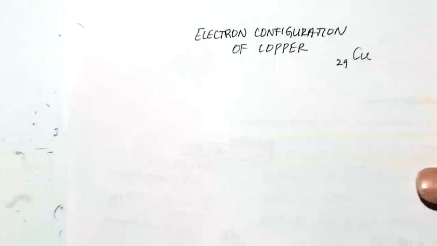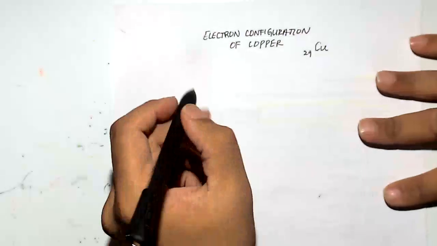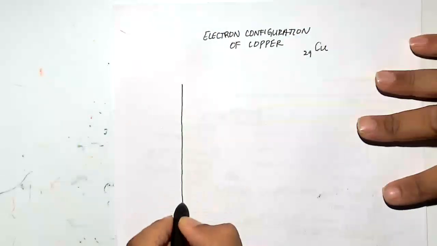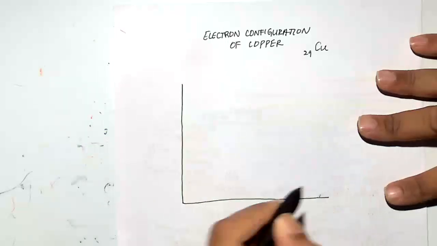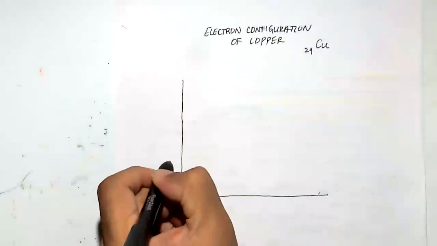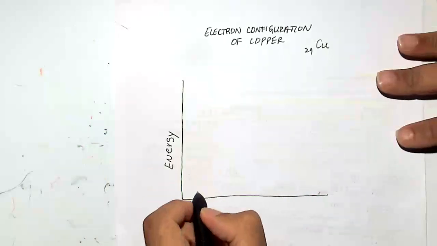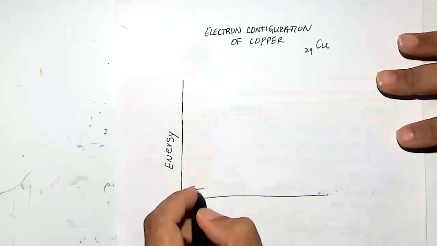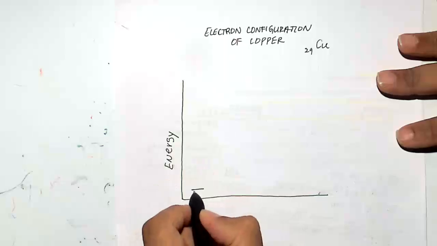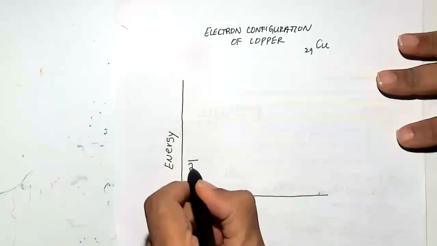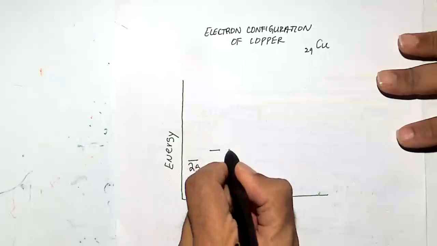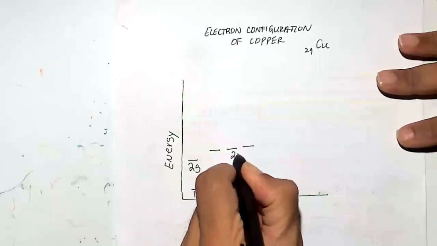All right, so how will the electrons get filled? What will they fill first? 1s, and then after 1s, what will they fill? Very good. After 2s, what will they fill? 2p.